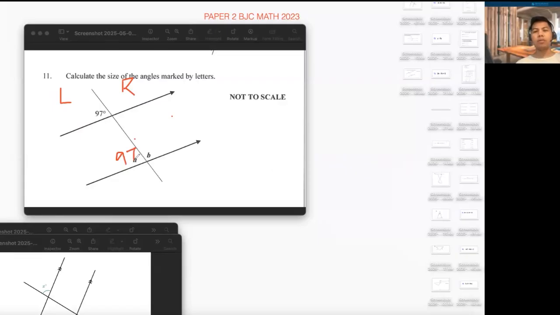Now the next question is, we still have B. So what's the relationship of A, which is 97, with B? What do you think? Okay, Diana, that would be 180 together because it's a straight line, and a straight line equals 180. Perfect. So what would be the angle then, Madison?